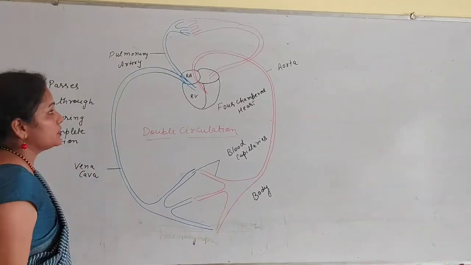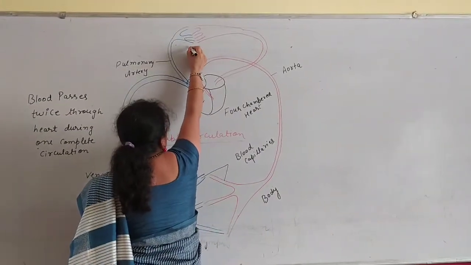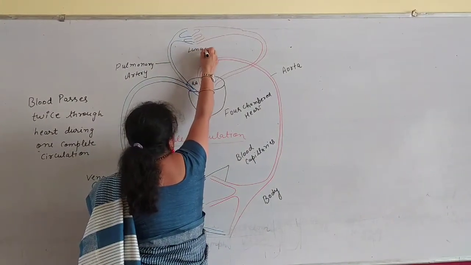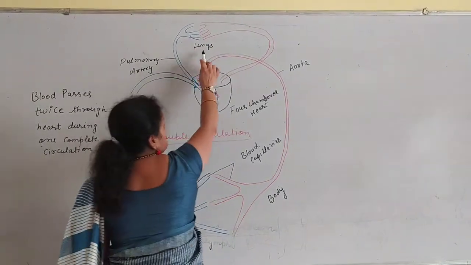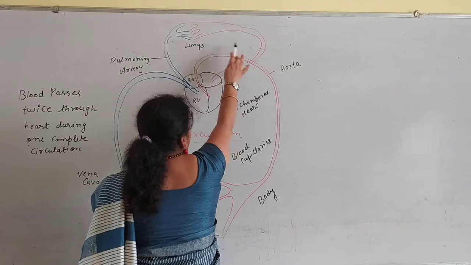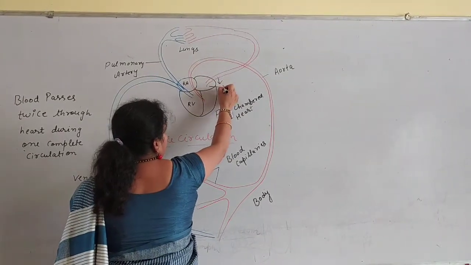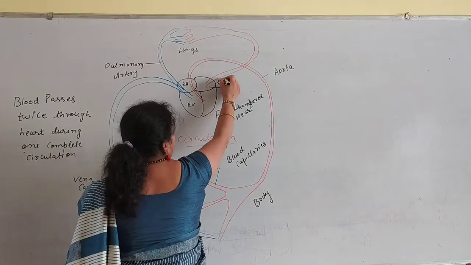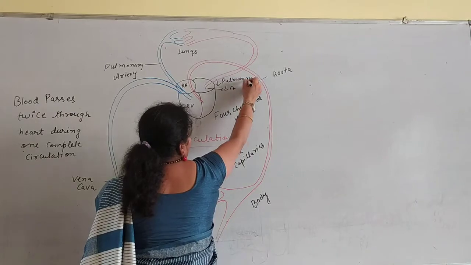Here these are the capillaries in the lungs, and in the lungs oxygenation takes place, and then the blood comes to the left auricle through the pulmonary vein.